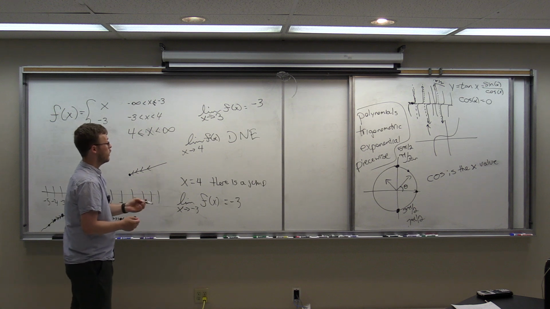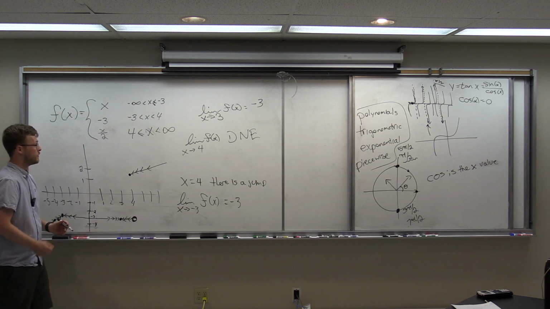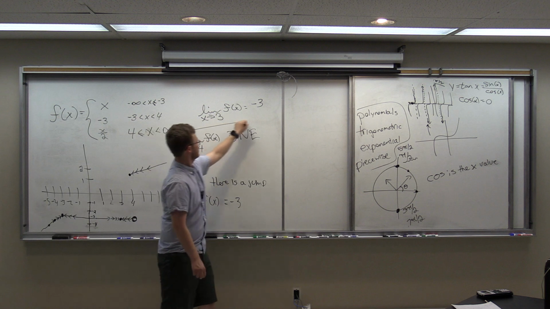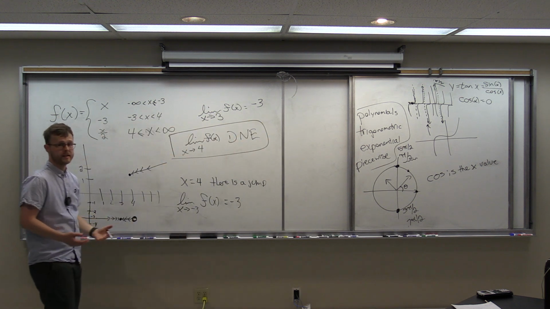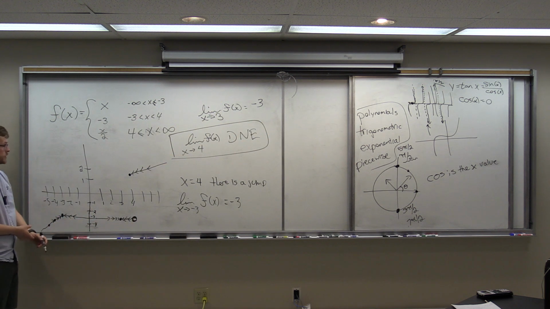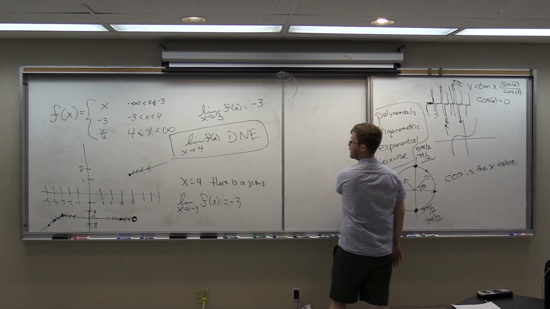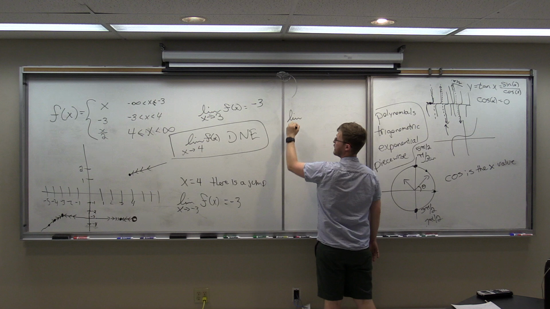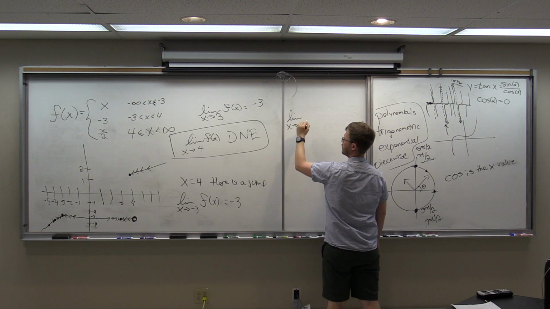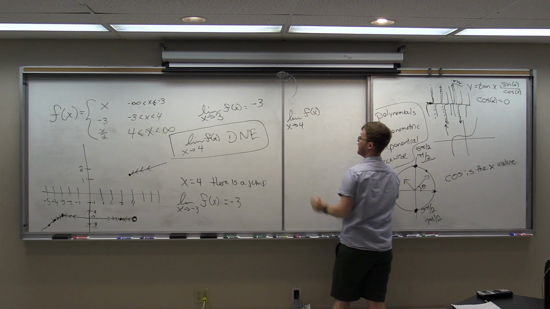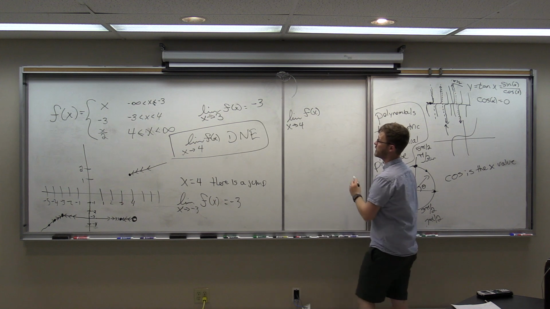Okay, one last thing we're going to introduce is, if this limit does not exist, what can I say? How can I document what I've learned about this thing? Well, we have new words. We can now say the limit as x approaches 4 of f of x, that doesn't exist, but we're going to define something new.